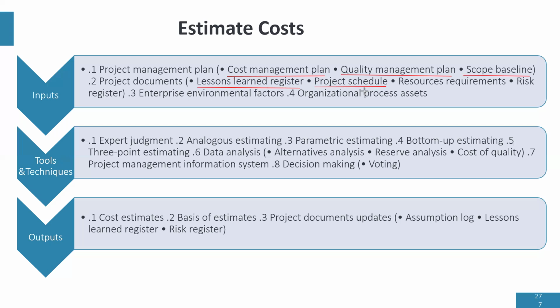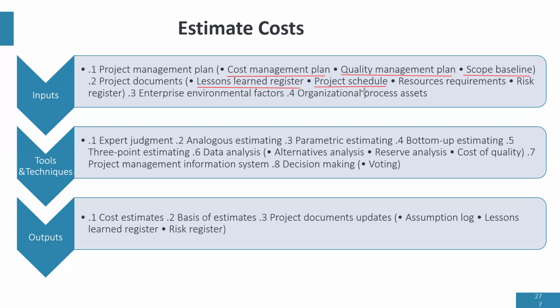The project schedule is an input, and it's a very important input, because the project schedule tells us how long activities are. And how does activity duration affect cost? Activity duration affects cost because some resources are going to be paid based on the duration they spent on the activity.